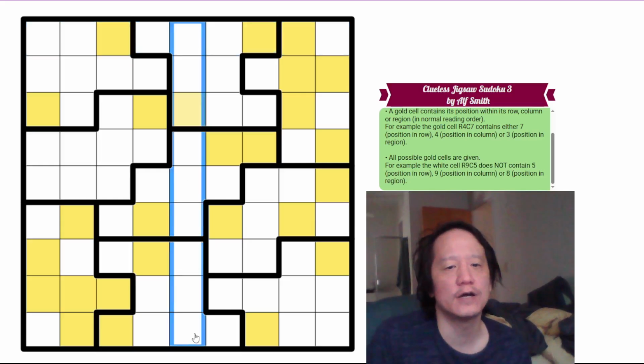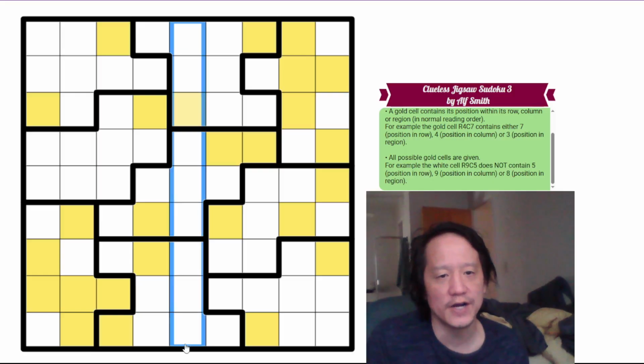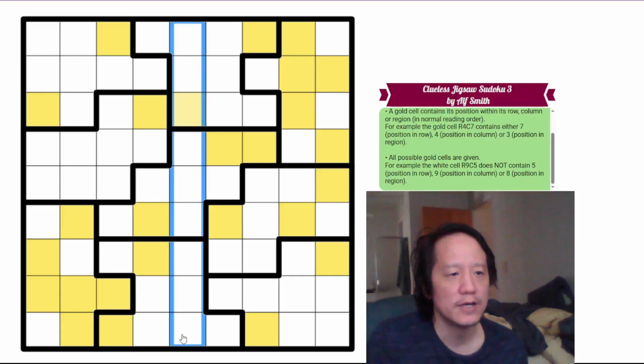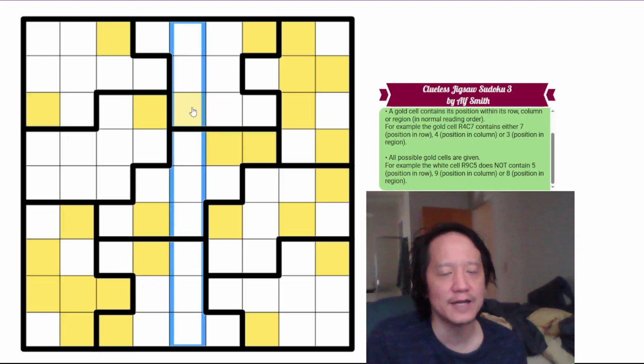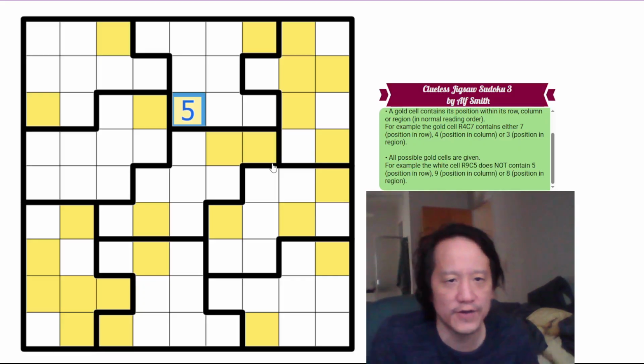Same with column number, right? So this is the only gold cell in column 5. Well, you're going to have a 5 somewhere here, and that matches the row positioning somewhere. Well, that means it has to be the gold cell, the only gold cell in that column. So this is a 5 guaranteed.